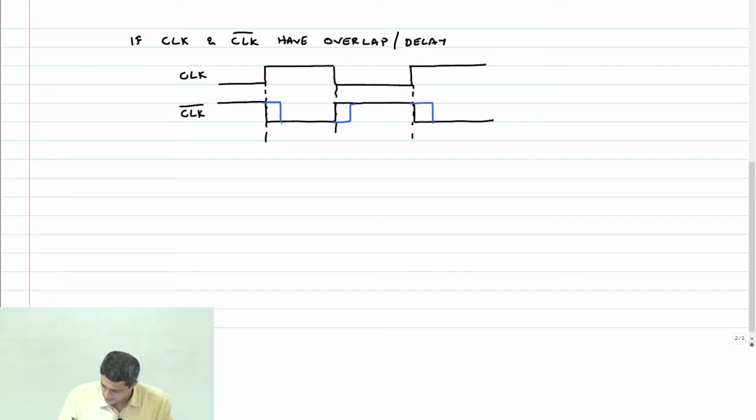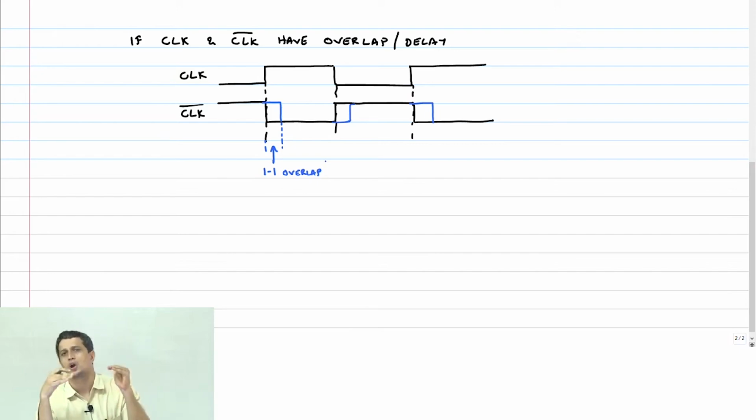So what happens in this period? This is a period of 1-1 overlap. Ideally, these two clocks should have had no overlap, which means clock and clock bar cannot be equal at any instant of time.